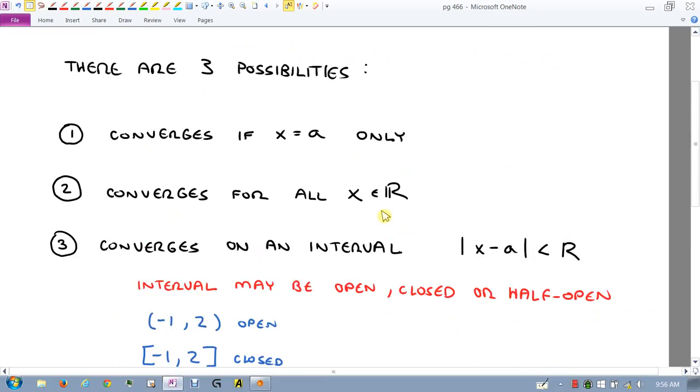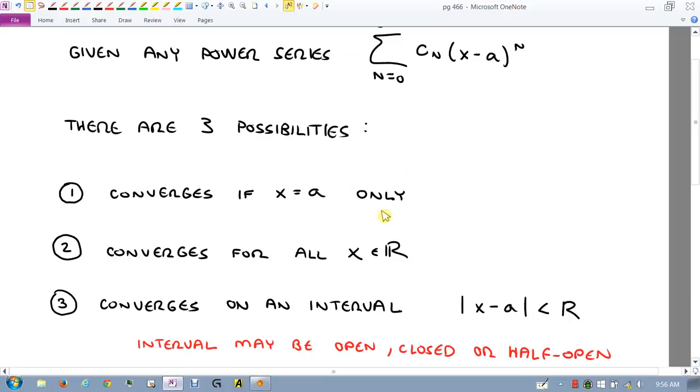So this is a great theorem, and let's think about why it's a great theorem. It's saying that for every power series, it's only going to converge at x equals a, right? Which is a single point. Or the second part's saying what?